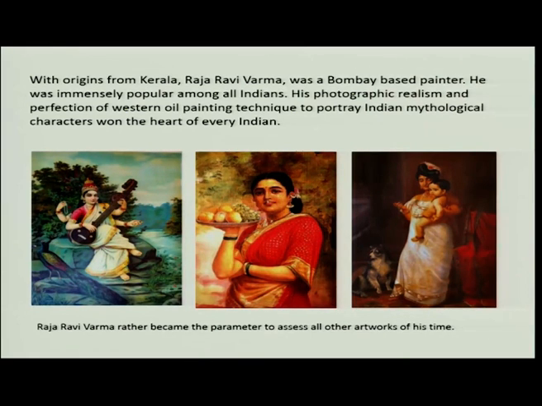His photographic realism and perfection of Western oil painting technique to portray Indian mythological characters won the heart of every Indian. So what we see in his works, though there are limited images here, just to give you some impression and not divert you from the topic, Raja Ravi Verma rather became the parameter to assess all the artworks of his time. What we see here is he is choosing subject matters from the mythological characters.